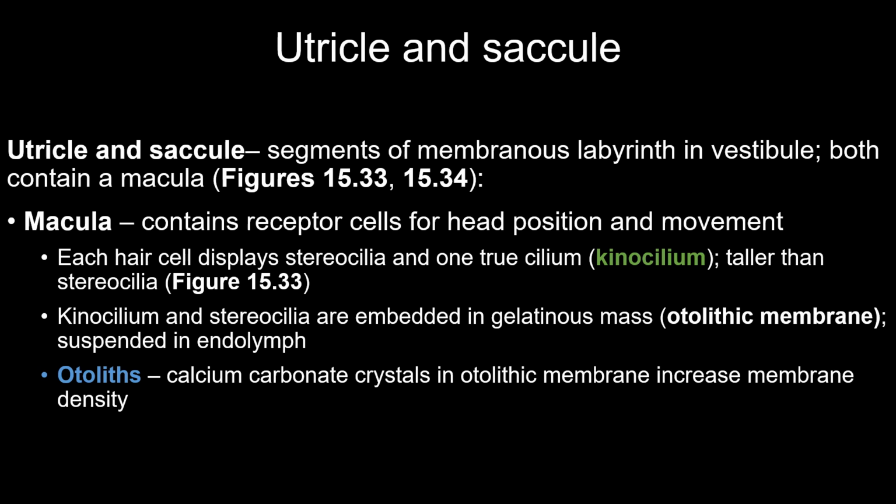This otolithic membrane gets its name because it contains otoliths, and that in Latin is essentially ear stones. And these are just crystals of calcium carbonate that increase that membrane's density. These hair cells work to release the neurotransmitter glutamate.